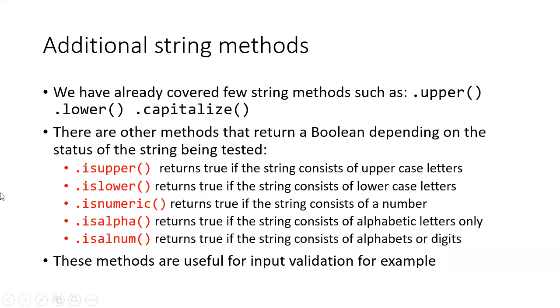Otherwise, it'll be false. Is numeric is going to be true if the object to which it is attached, which is going to be a string, is all numbers. I'm sorry, I don't want to confuse you. These are all functions, methods that work with strings. They're string methods.